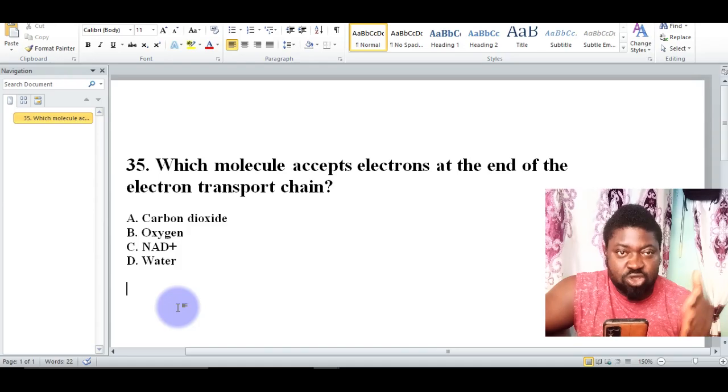This is how the process occurs in this chain: first, the oxygen accepts the electrons as the final acceptor; then water is formed; and once this occurs, it proceeds to the production of ATP for the process to continue. So let's proceed to the next question.